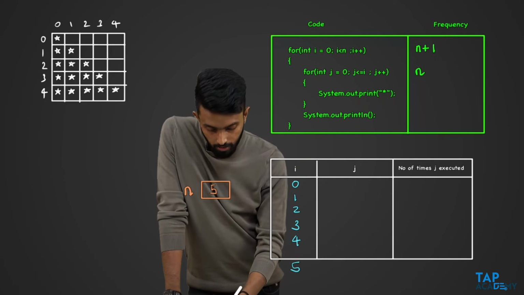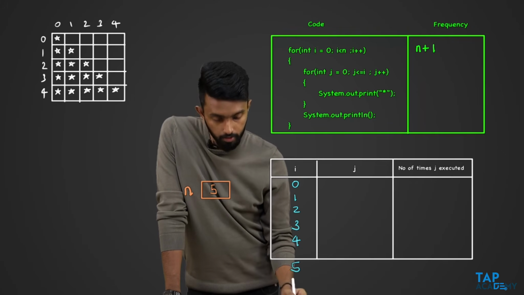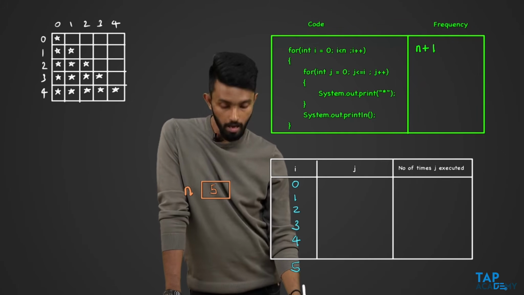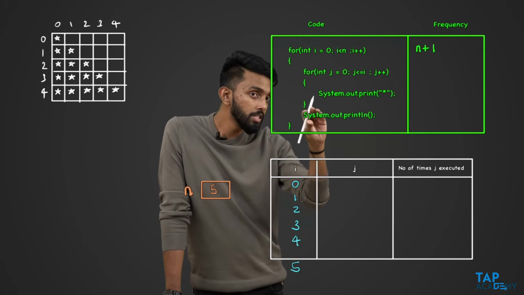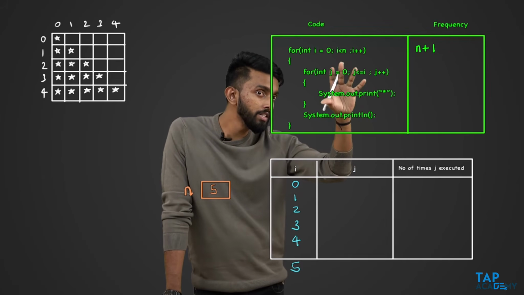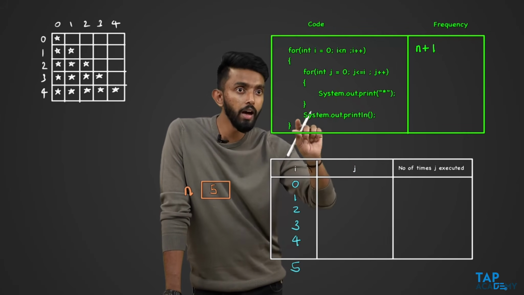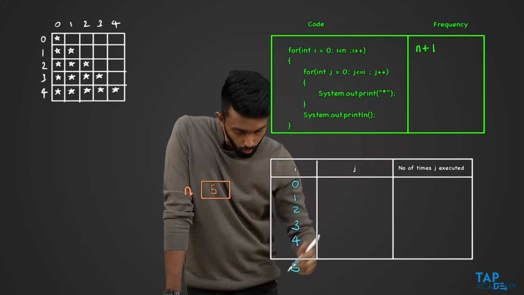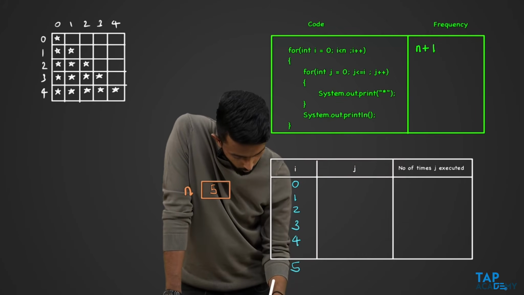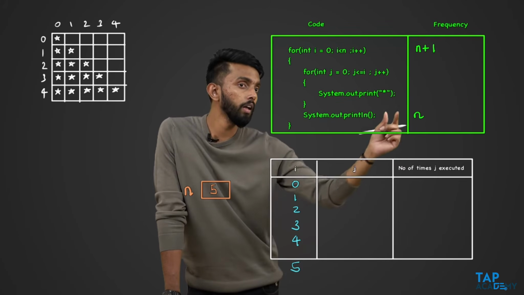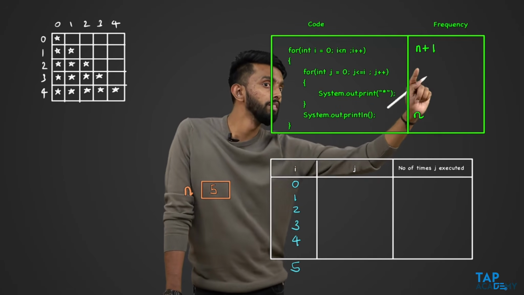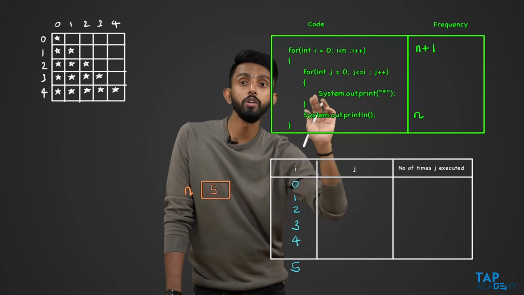Which means this would be a big mistake, friends. But at the same time, this statement, which is not inside the j loop but directly inside the i loop, will obviously execute n times. So here I can confidently say n. But for this statement and this statement, I cannot say the same.